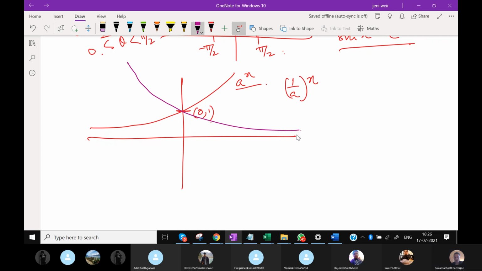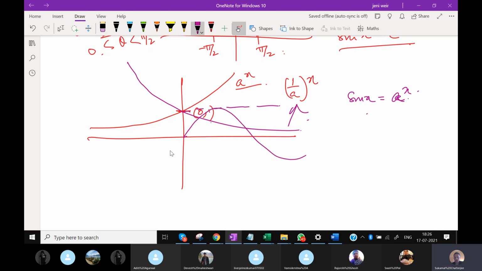So this would be the nature of the two graphs. And if you're given sin x equal to a to the power x, you have to look for the value of sin x on the negative side, because on the positive side, the value of sine will oscillate between +1 and -1.